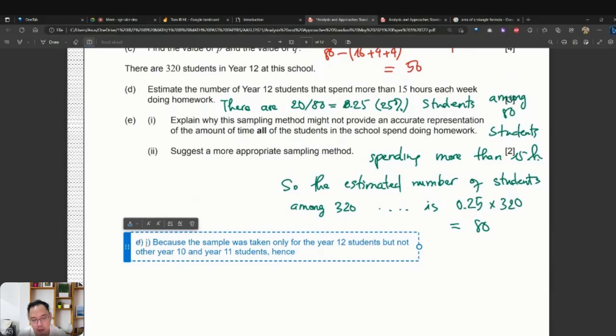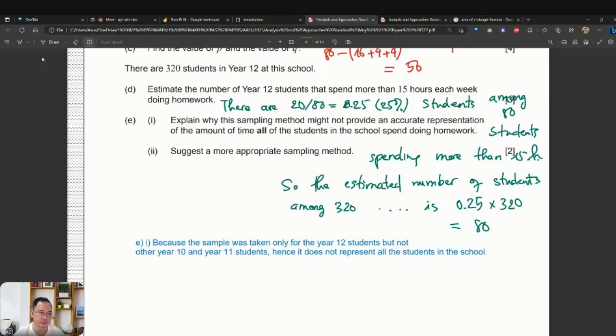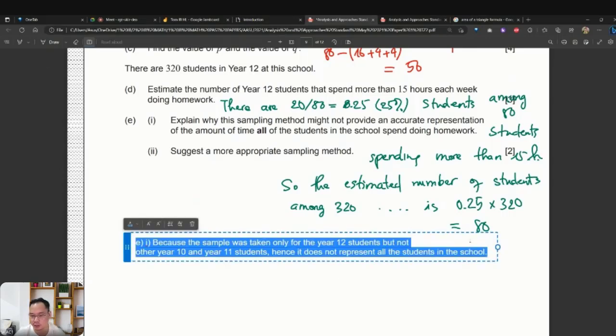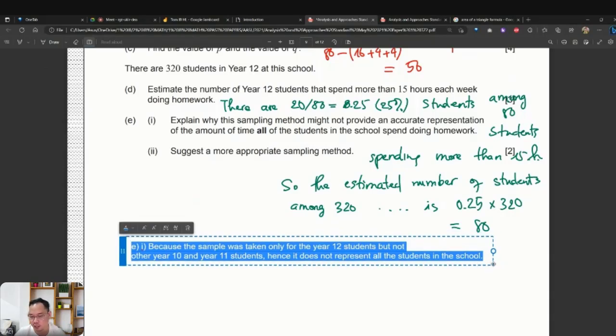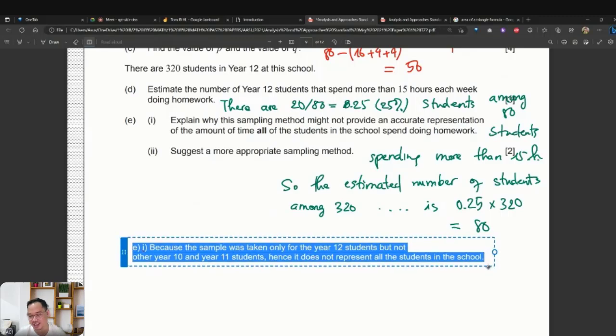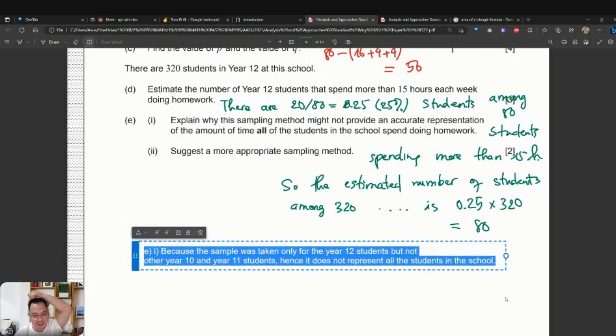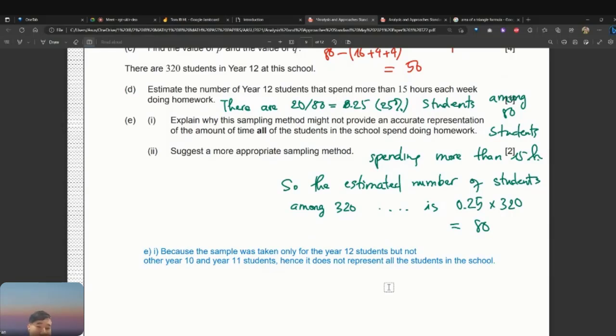Hence, it does not represent, very likely, all the students in the school. Not to mention that year 12 students could be under more pressure, and therefore they try doing the homework more often than other years. That is very sad. It's like comparing VCE students to grade 9.